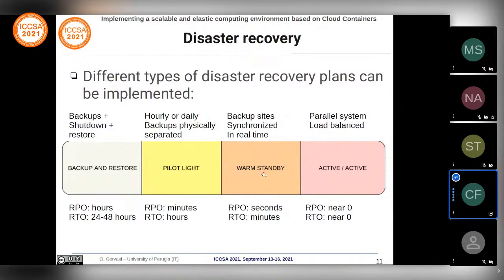In the warm standby, we have two backup sites synchronized, possibly in real time. In this case, the RPO is seconds and the RTO is minutes. And finally, the most effective solution is active-active. I mean, we have several servers running contemporarily and able to deliver the service to the user. In this case, both numbers are near zero.